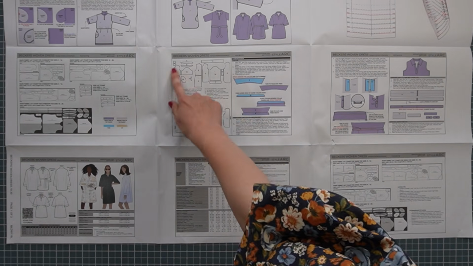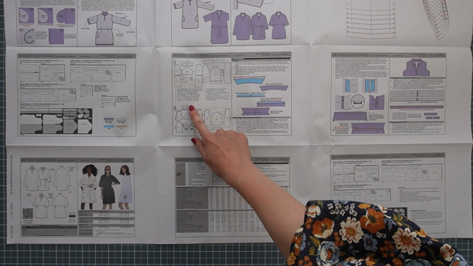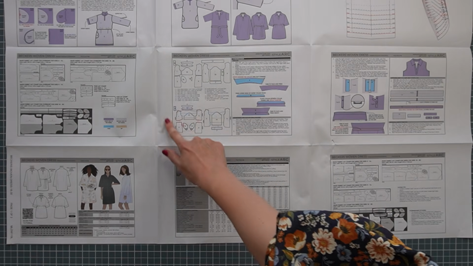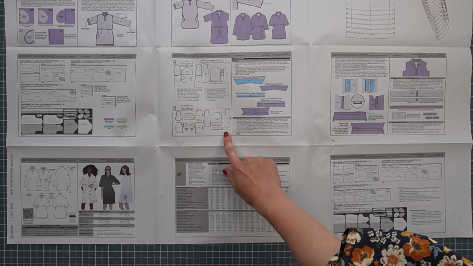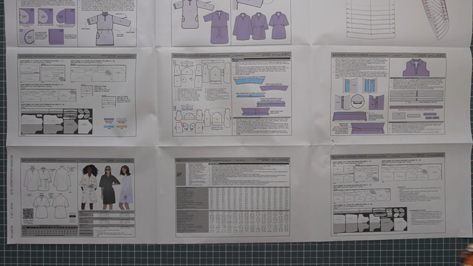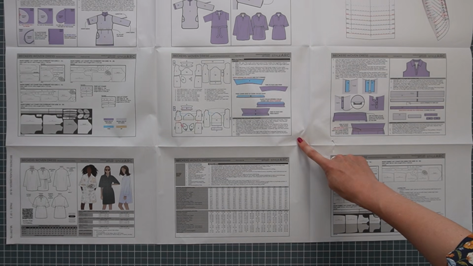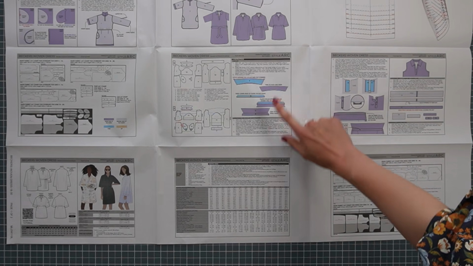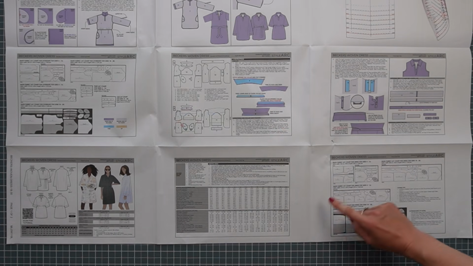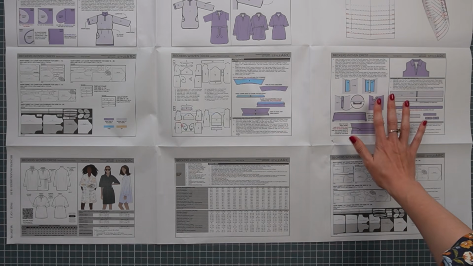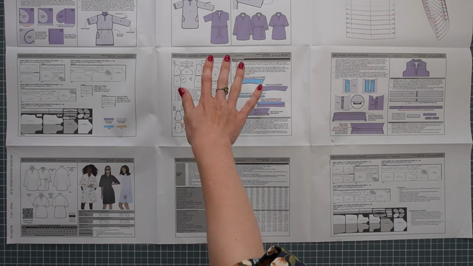Here are all of your pattern pieces laid out and the pattern piece names, and this is a diagram of how all the pattern pieces go together. From there we have our instruction notes, including diagrams for each step of putting together the garment, and that continues on through the next few pages.